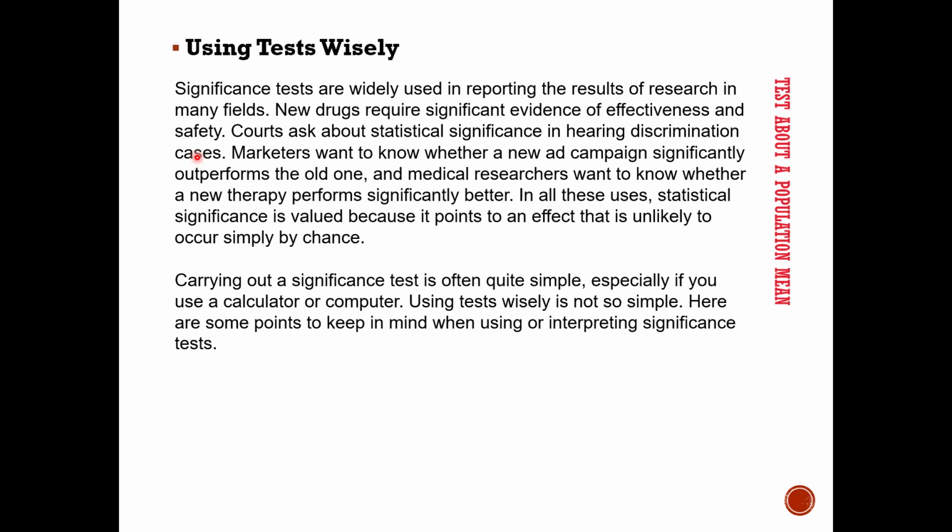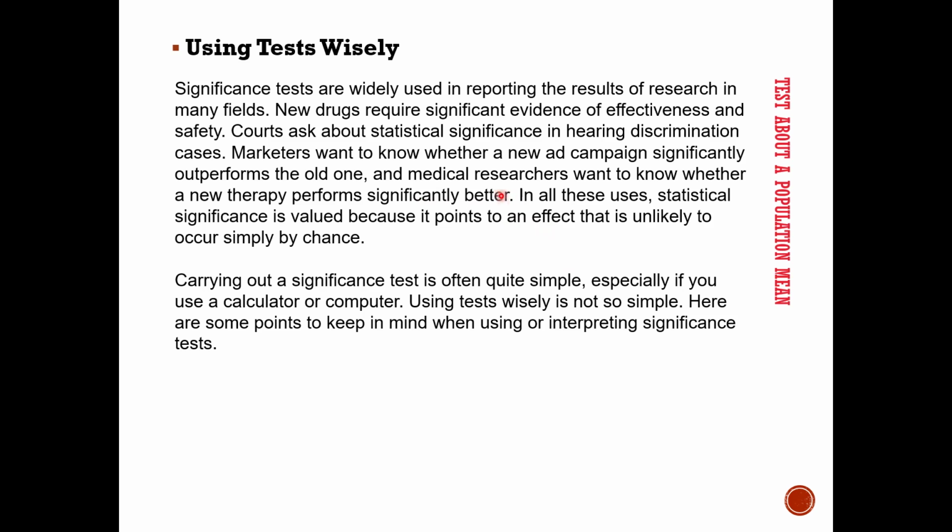So sort of like, how unusual would it be to have done X, Y, or Z action, maybe in a job interview process, etc. Marketers want to know whether a new ad campaign significantly outperforms the old one. And medical researchers want to know whether a new therapy performs significantly better than the old therapy.